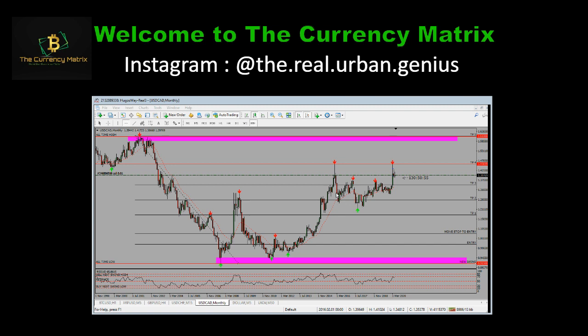That is the high of 2015, 1.458, around that to 1.45. All right, again, zone with the body.